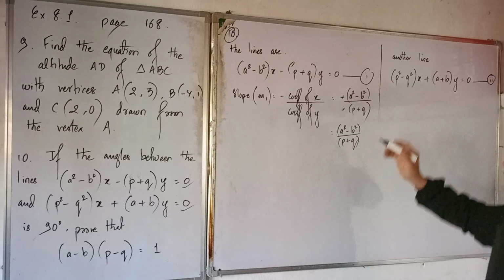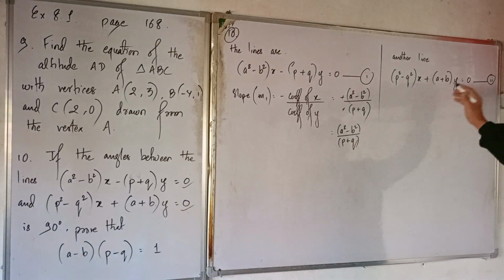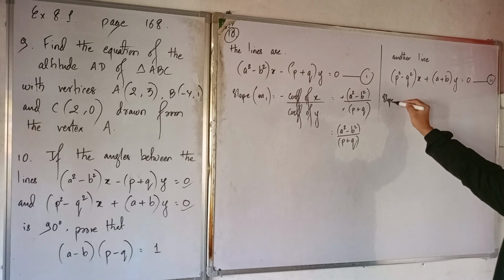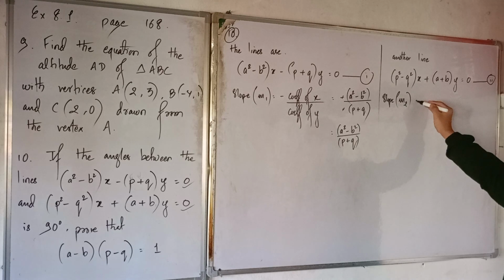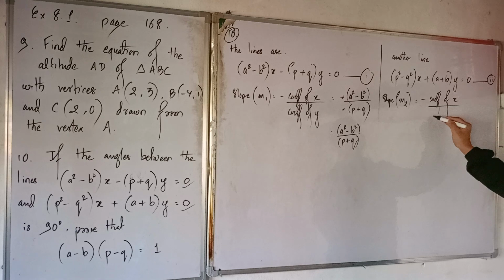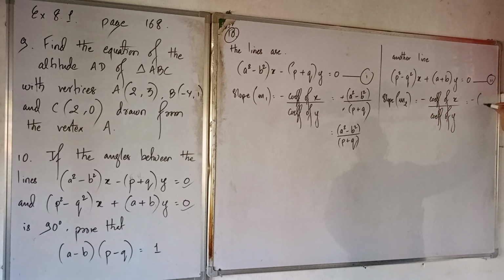In the same way, let's move on to the other equation, line II. Let m2 be the slope of line II. Same formula: minus coefficient of x divided by coefficient of y, which is minus (p square minus q square) divided by (a plus b).